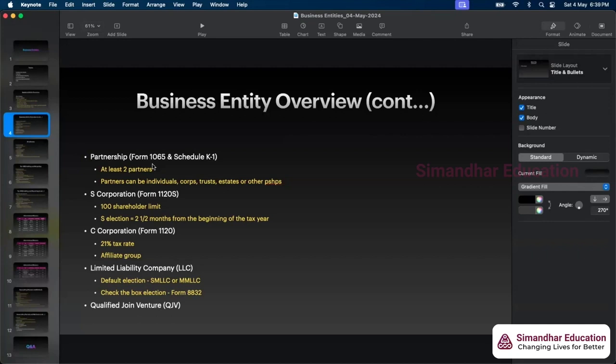So the IRS thought that ultimately these are one family doing business and they can be paying taxes just on their Form 1040. They don't really have to file a separate Form 1065, although they are in the form of a partnership. Legally, they might be a partnership, but they don't really have to file a 1065. So that's why they came up with the qualified joint venture.